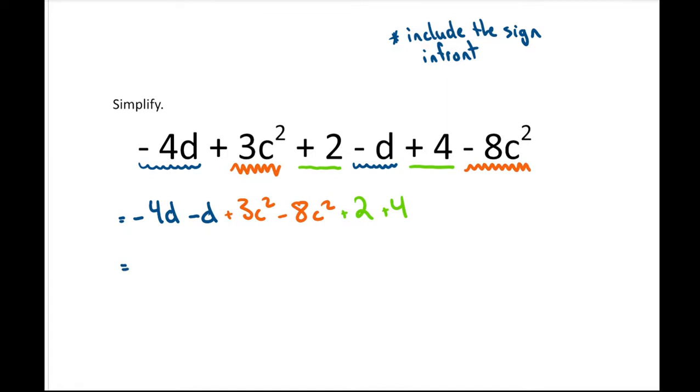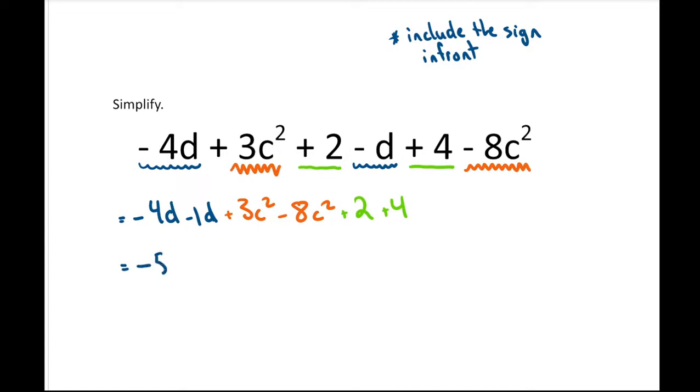Now I'm actually going to combine my like terms. So minus 4d minus d, or minus 1d. When we're dealing with collecting like terms, all we're doing is we're adding the numbers, or the coefficients, in front of our letters. So in this case, it's minus 4 or negative 4 minus, as we said, there's a 1 there, so minus negative 4 minus 1.